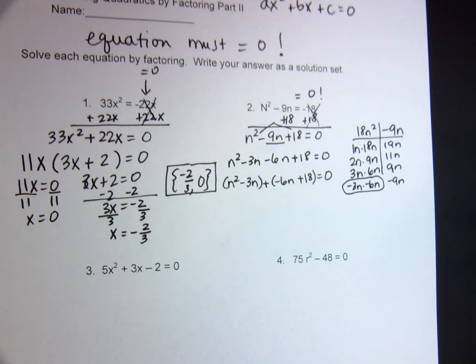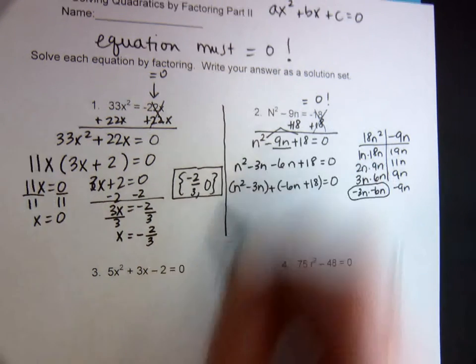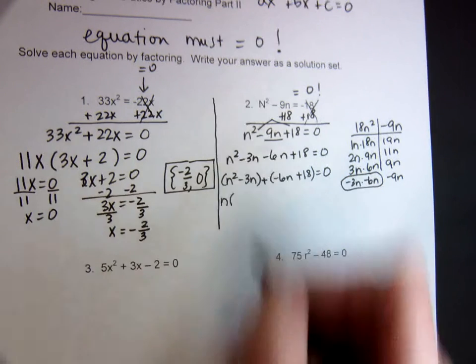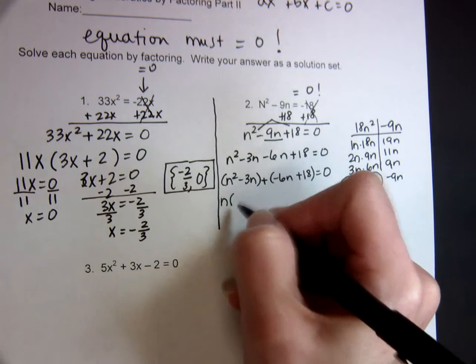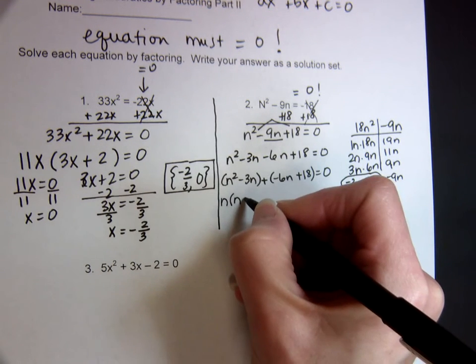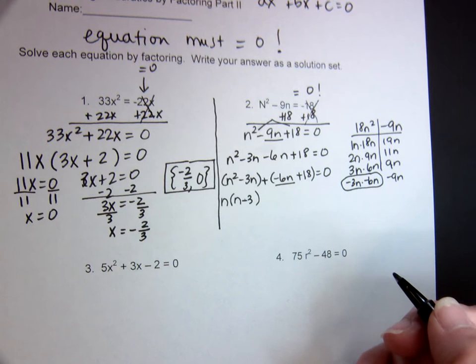All right, then we look for the greatest common factor in each of the grouped parentheses. We've got n for the first one. N times what will give you n squared? N times what will give you negative 3n? Negative 3.